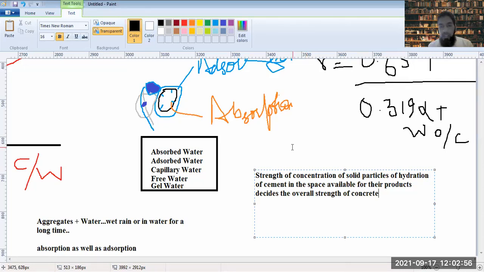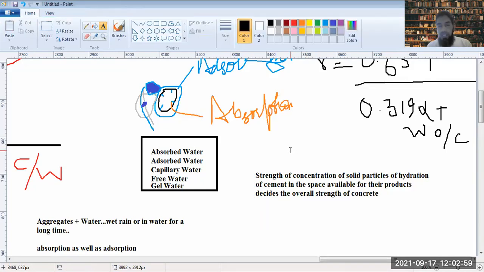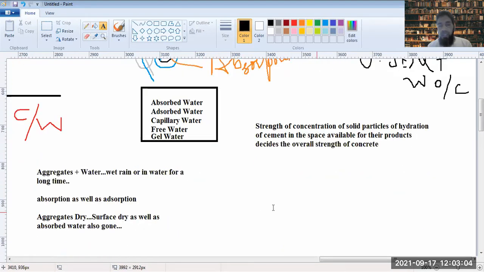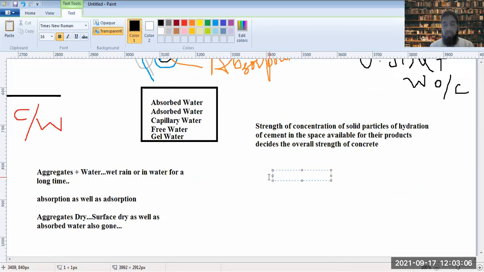If you have a concrete and it has more gel content, if the R value is more, that means spaces are less, voids are less. Gel is more, that is hydrated product is more, solid particles are more. Will it have more strength? Yes, it will have more strength. So greater is the R value, greater is the strength of concrete. So the gel to space ratio actually also decides how much is the strength of concrete.